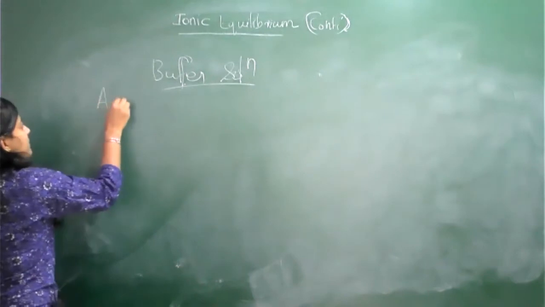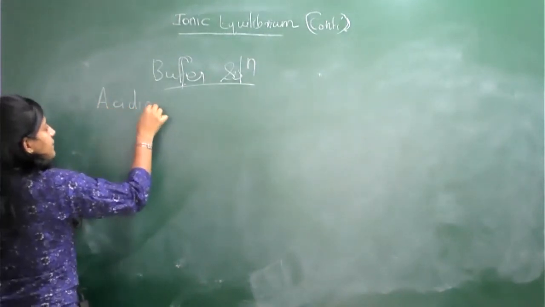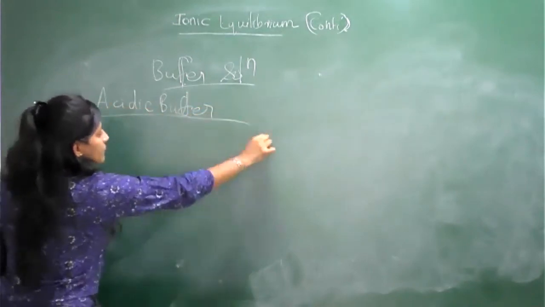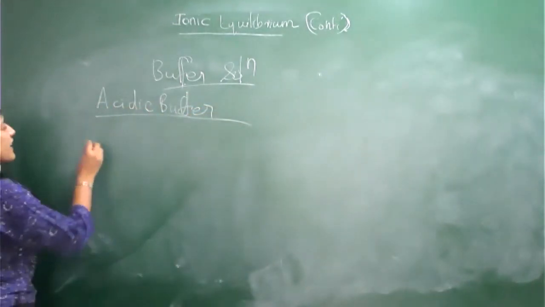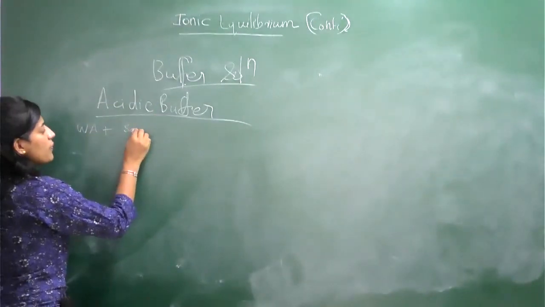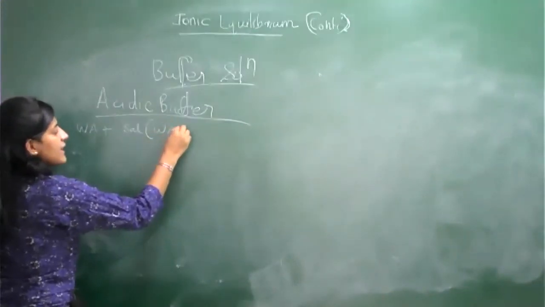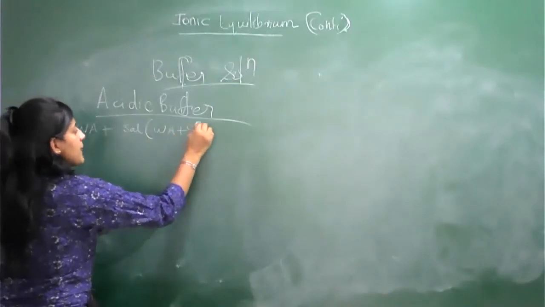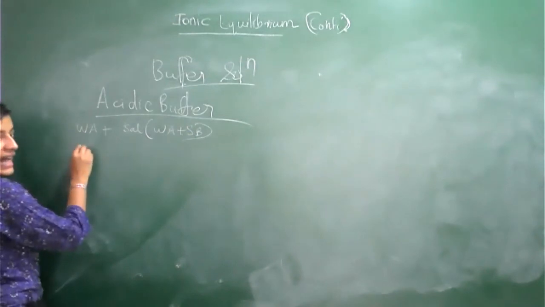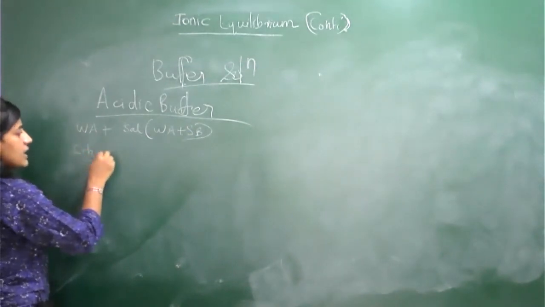Acidic buffer. Once again tell me: weak acid plus salt of weak acid and strong base. Suppose the weak acid is acetic acid, CH3COOH.